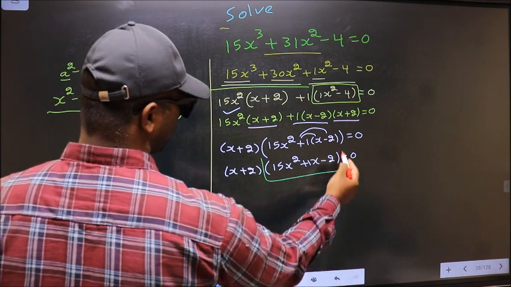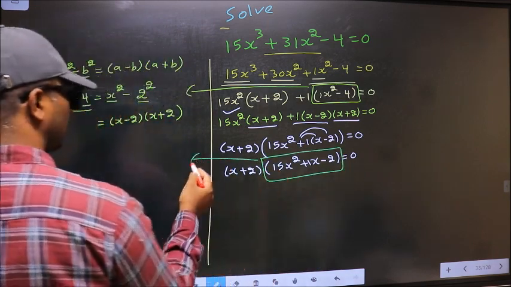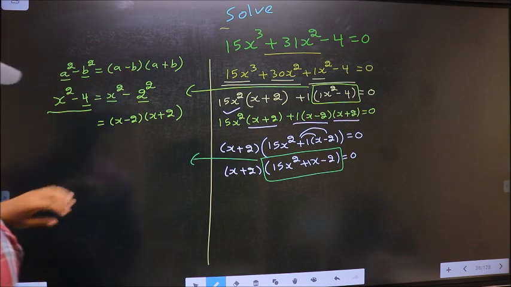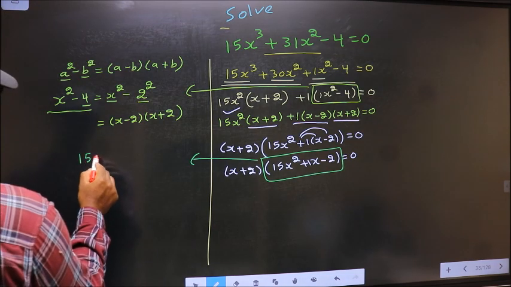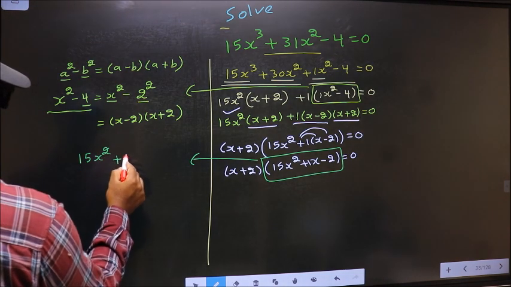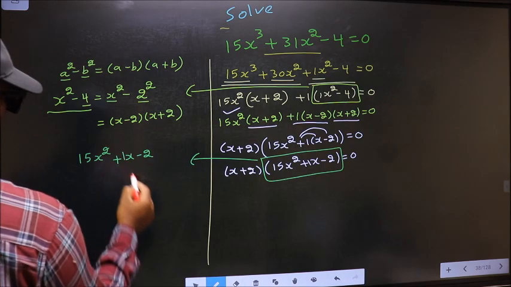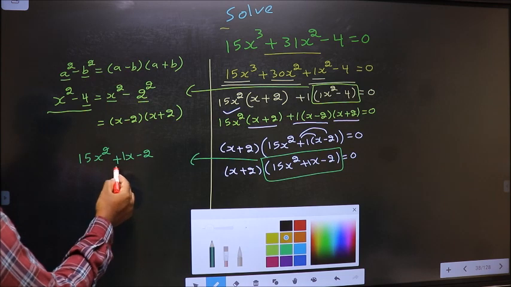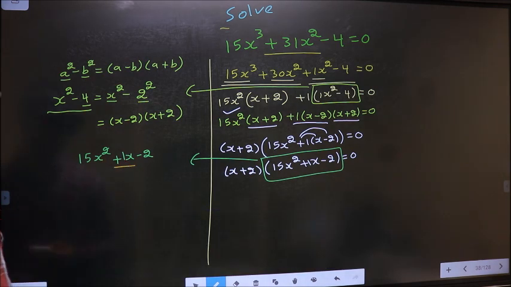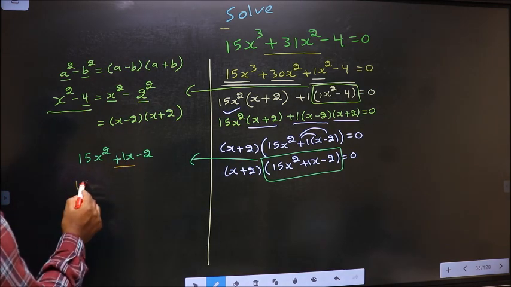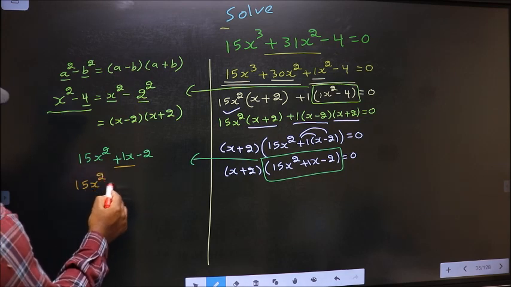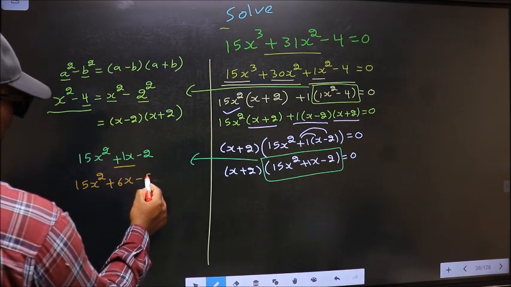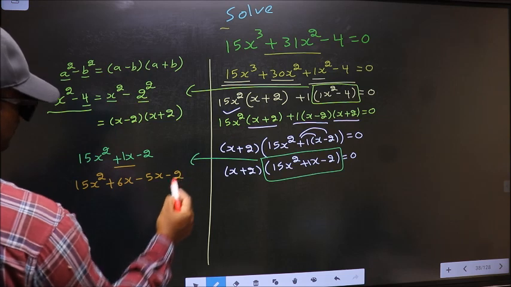Now this quadratic, I will factorize it here, that is 15x square plus x minus 2. Now to factorize this, we should split the middle term plus 1x. So in place of plus 1x, now I write plus 6x minus 5x minus 2.